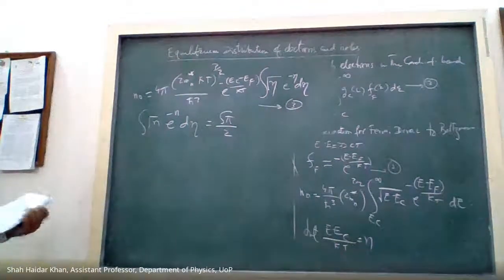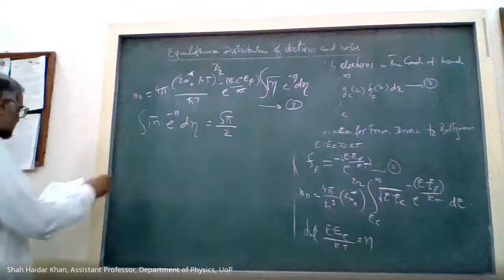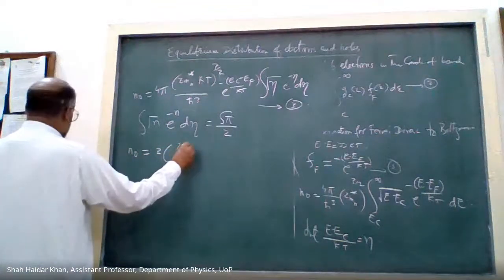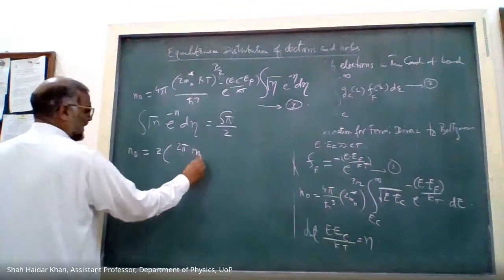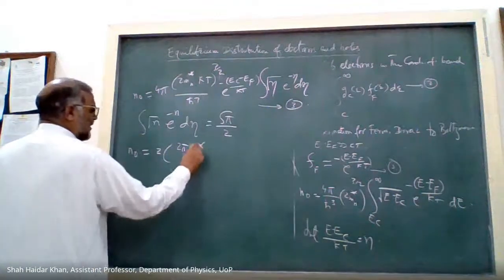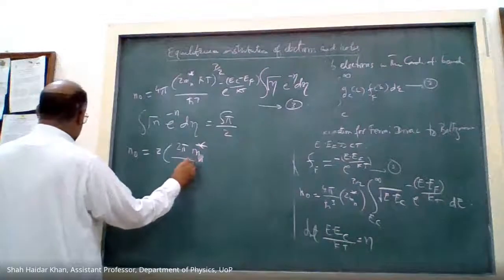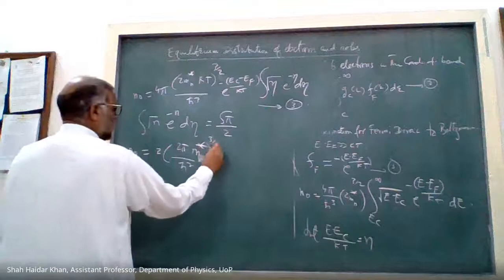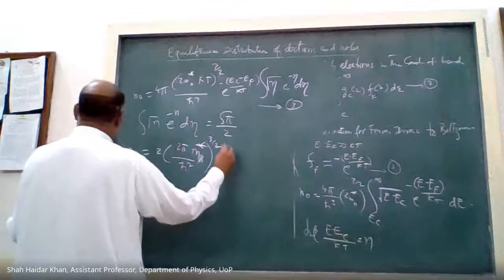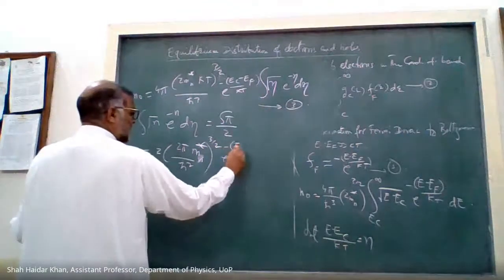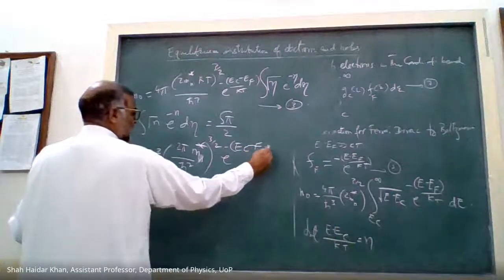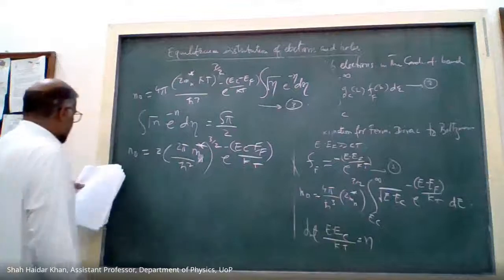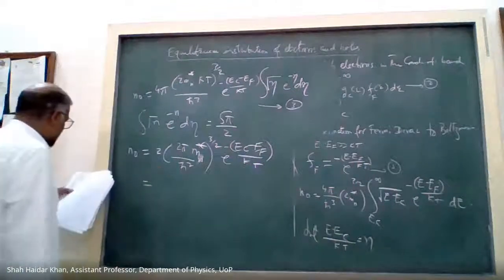So I can write N naught is equal to 2 into (2 pi m* / h squared)^(3/2) e to the power minus (EC minus EF) over KT, right?